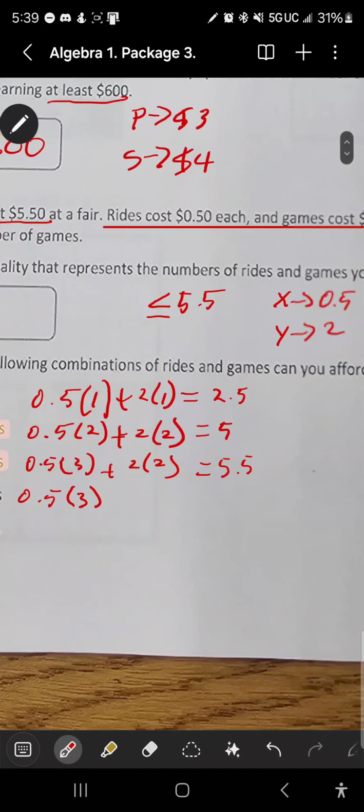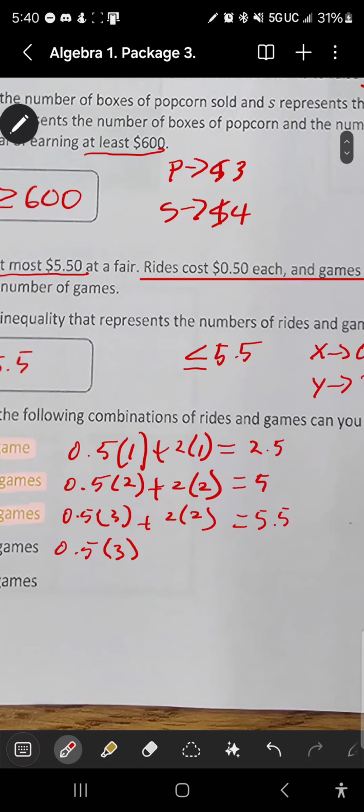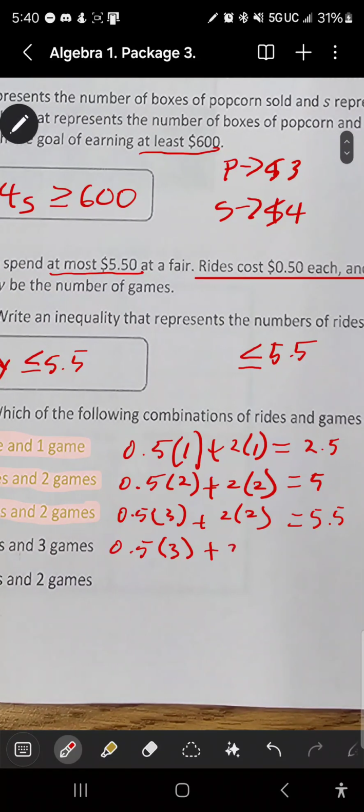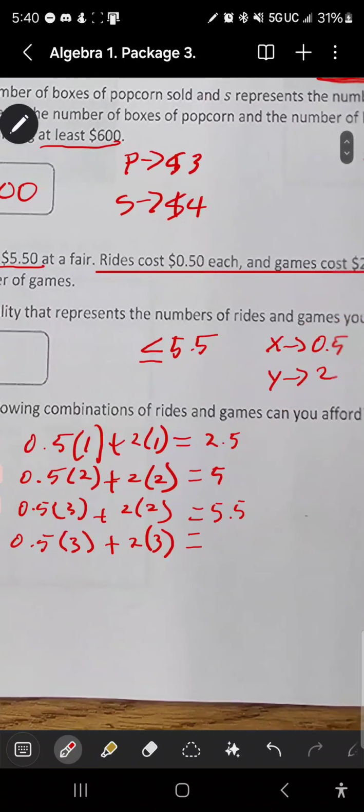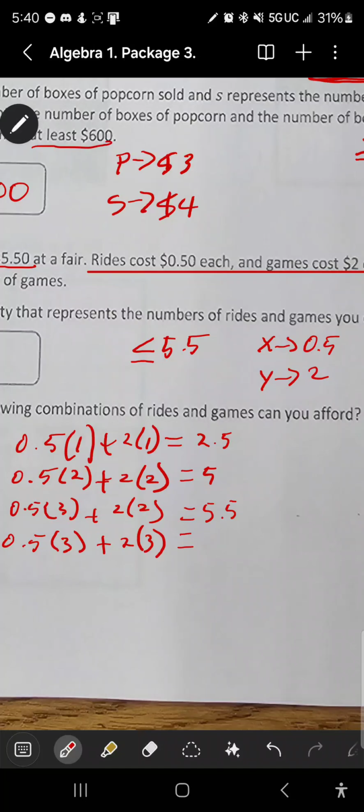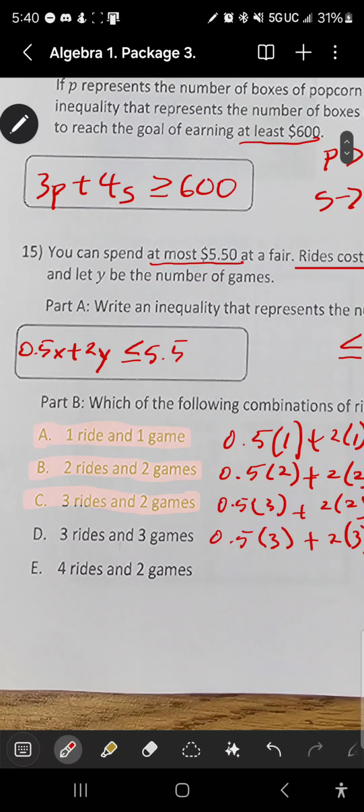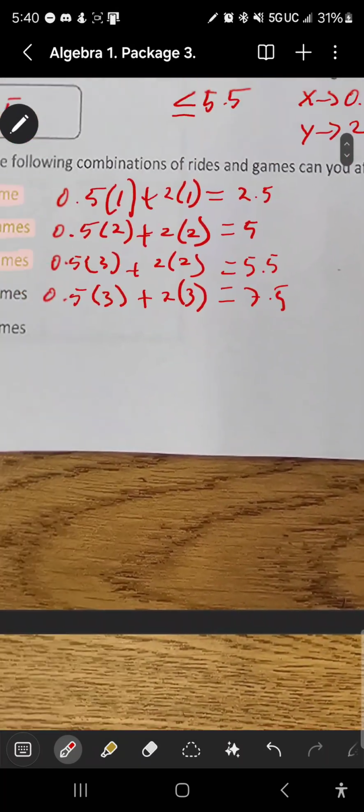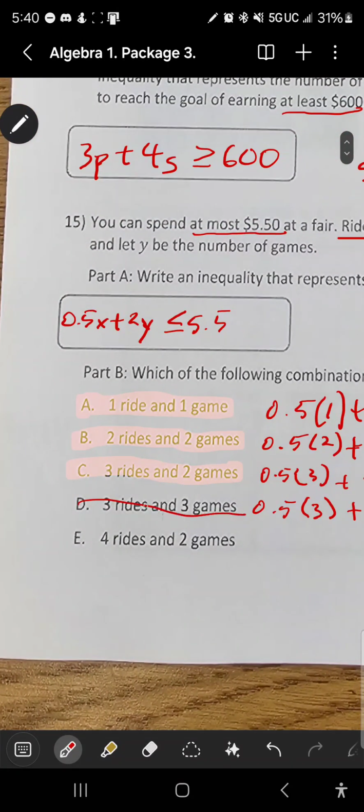And each game is 2, so I will add 2 times 3, because $2 for 3 games. So this will be 1.5 plus 6, which is 7.5. That is more than the maximum value you could spend. You only have $5.5. You cannot spend 7.5. That's way over the range, and that's not what we're looking for.